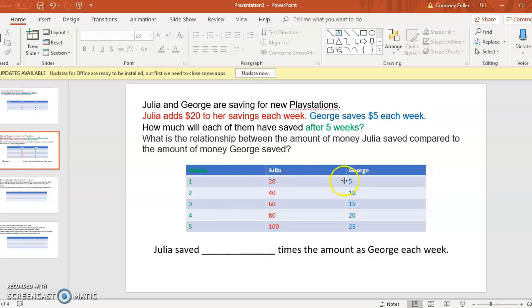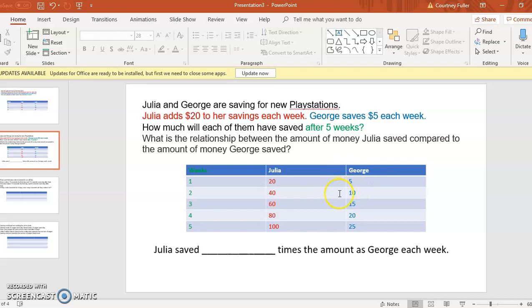In other words, 5 times something equals 20. We know that 5 times 4 equals 20. So 20 is 4 times as much as 5.